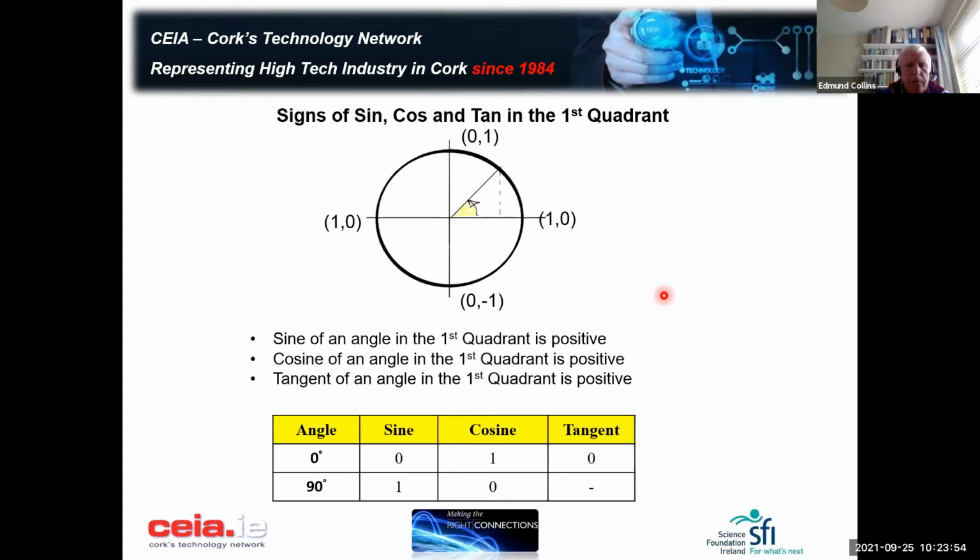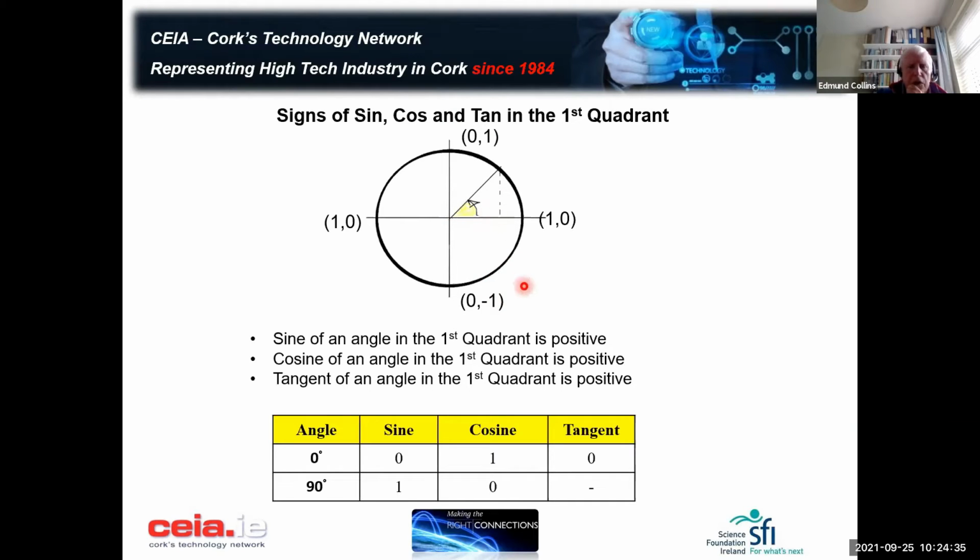So we can see here we're working in the first quadrant of the unit circle. It's important to not only know how to calculate the reference angles in the different quadrants, but what the sign is going to be, the signs of the sine, cosine, and tangent in the different quadrants, because you could end up in trouble and get an error in your calculations if you don't calculate them correctly.